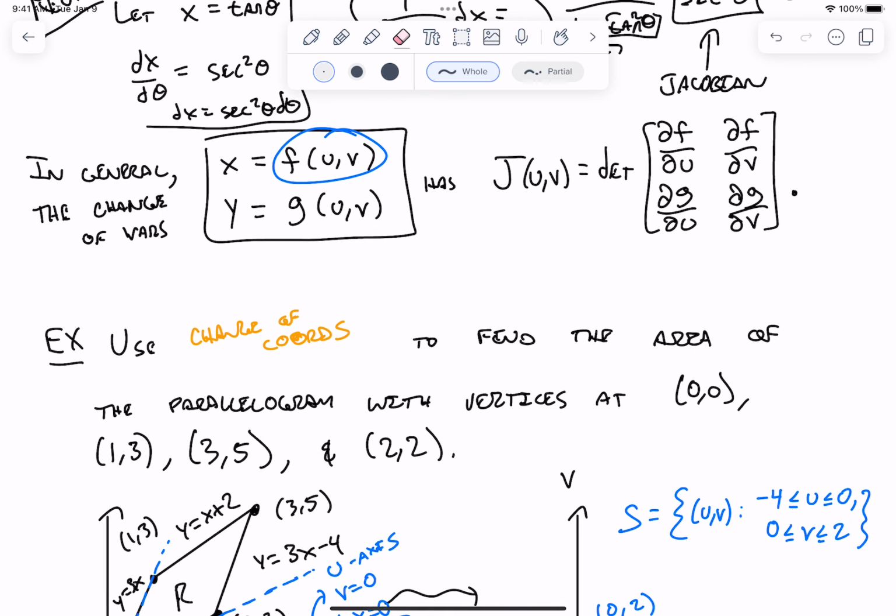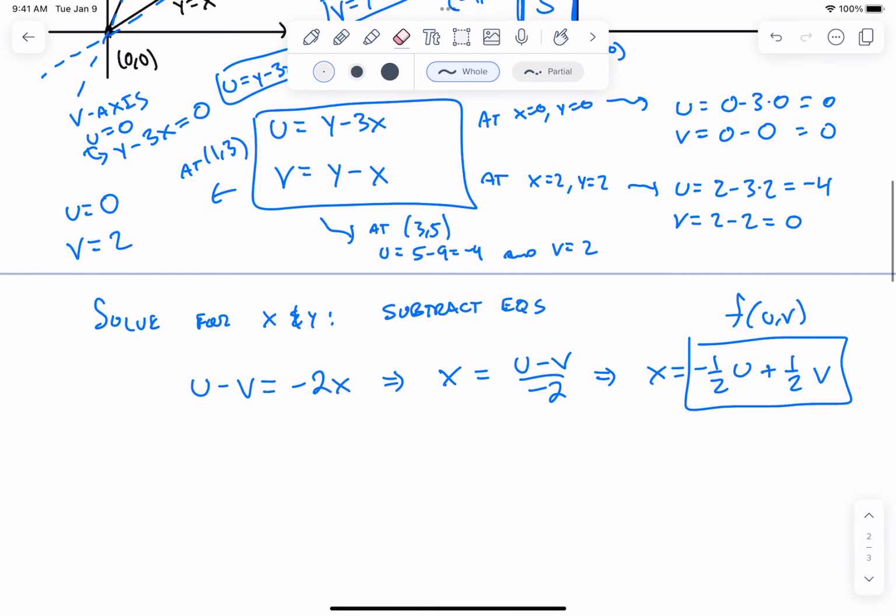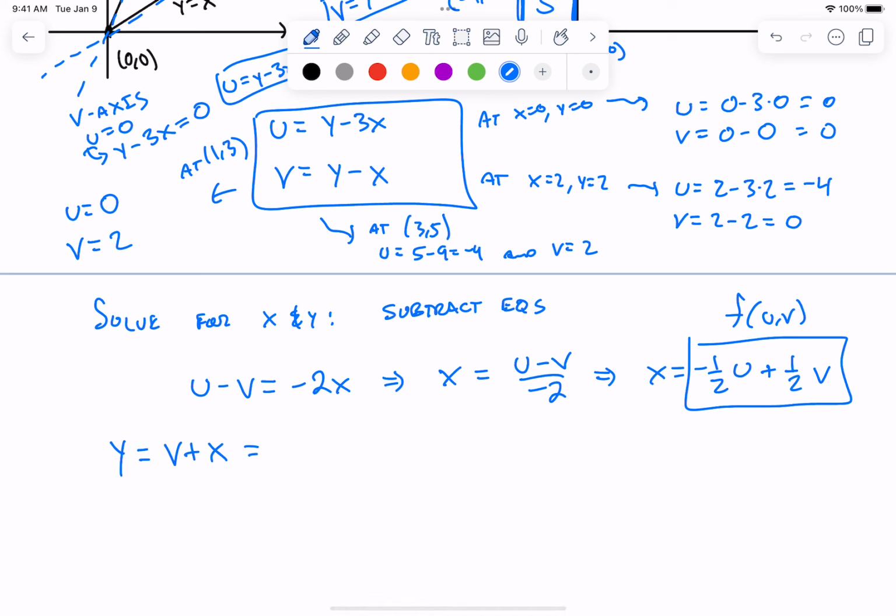See, that's x as a function of u and v. Okay, and now let's get y, right? So now that I have x, now we can plug in to get y, because y then is v plus x. So now add x to v to get y. So this will be what? v plus minus 1/2 u plus 1/2 v, right?